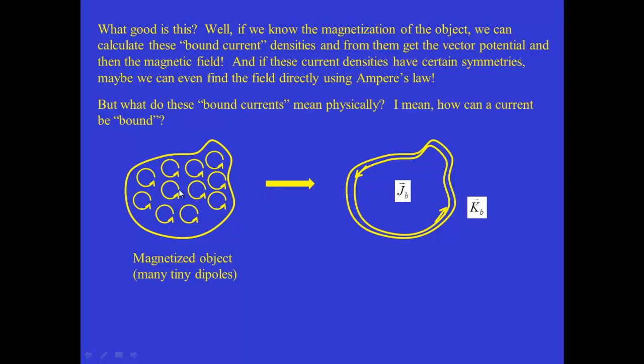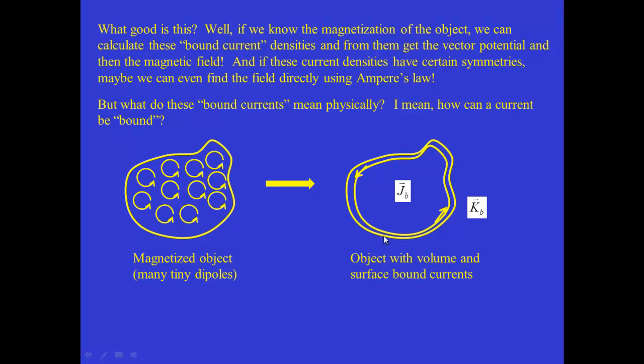I'll just mention here that if the magnetization is uniform, in other words, if the magnitude of the current in each of these loops is the same, then J_B will simply be 0. That makes sense because J_B is the curl of M. And if M doesn't vary in space, that won't have any curl, and J_B will simply be 0. So that does happen for a uniformly magnetized object. And in that case, you would simply have the surface bound current density.